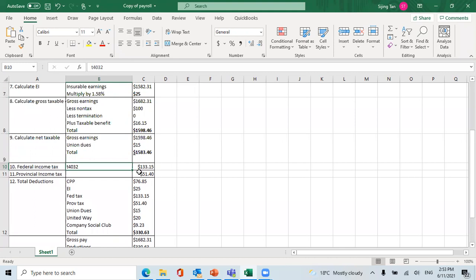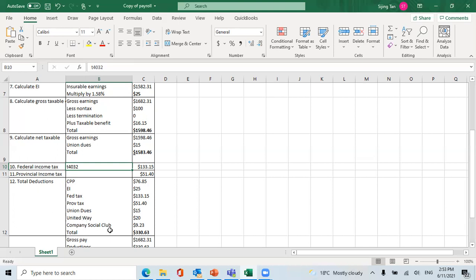After we finish the tax, we're going to calculate our total deduction. We have calculated our CPP. We have calculated our EI. We have done federal tax, provincial tax, and then you have to remember all the union dues have been deducted from payroll. United Way, you have to deduct from payroll.